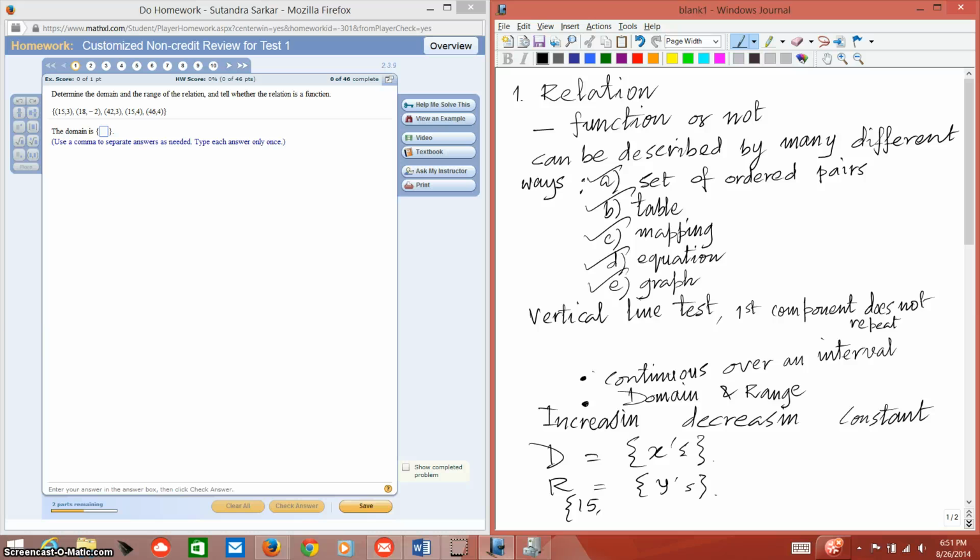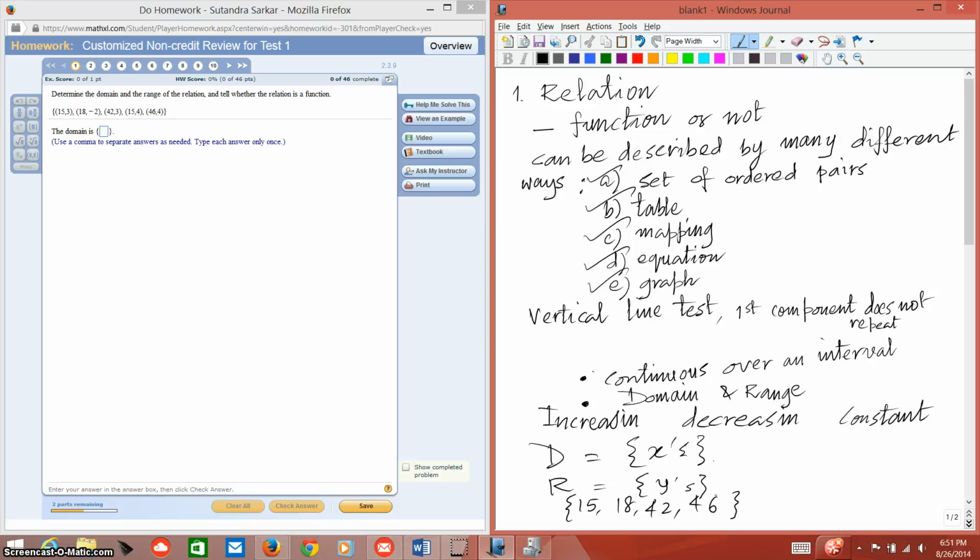In question number 1, you're seeing 15, 18, 42, and 15 is repeating, so I'll leave that one out, and then 46. Once you write down that one, the next question will be whether it's a function or not.